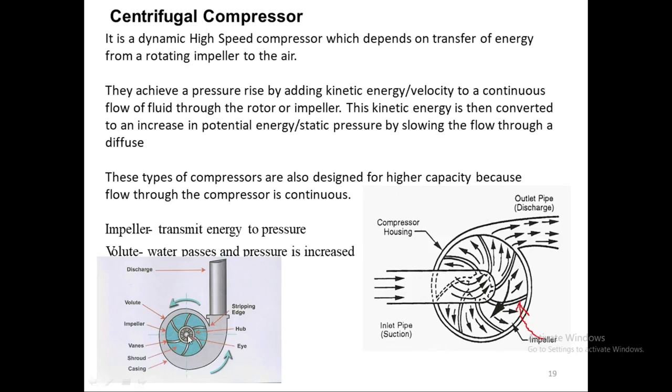And the air is coming from the eye, right from here. This is where the air is entering, and then the rotating blade will impart kinetic energy to it, and this is the diffuser. Okay, in this case, this is actually a figure for a pump, not for a compressor, but the function is about the same.